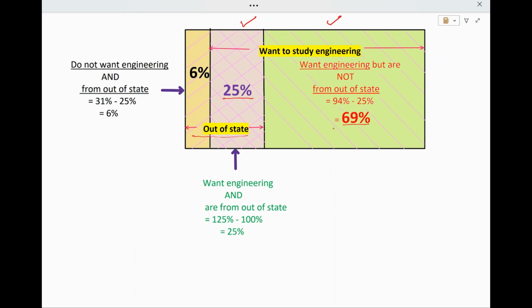Those who want to study engineering and are from out of the state, that is 125% minus 100% is 25%. That means 25% of the students of the total class want to study engineering but are from out of the state.